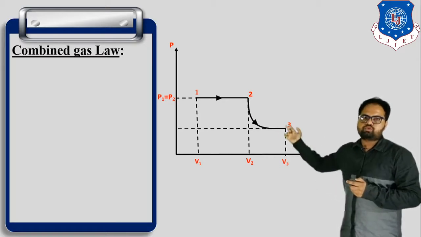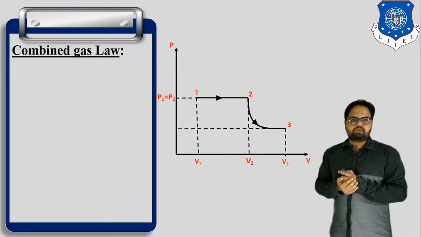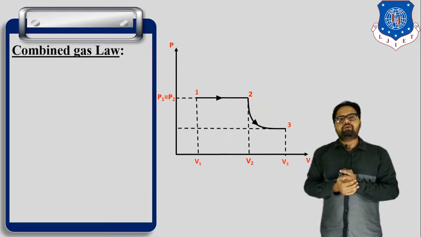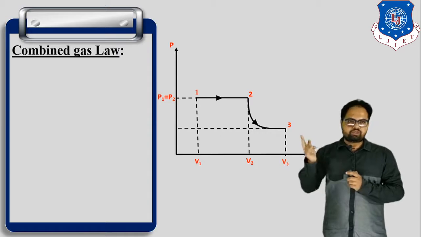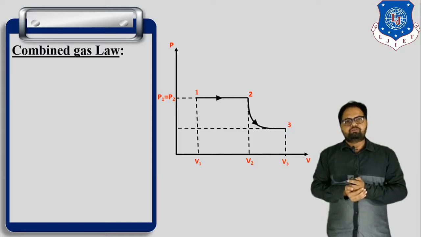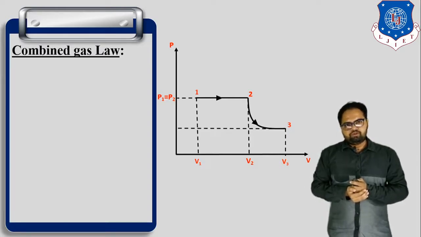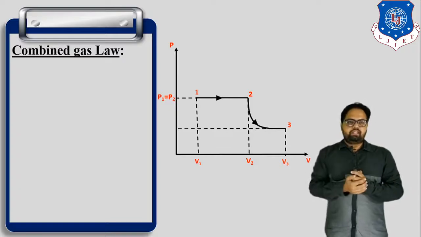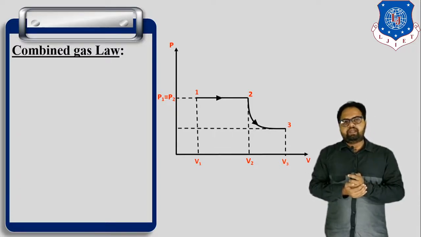During process 2 to 3 the temperature of the system remains constant, and during process 1 to 2 the pressure of the system remains constant. That means during process 1 to 2 it follows Charles law, and during process 2 to 3 it follows Boyle's law. Okay.